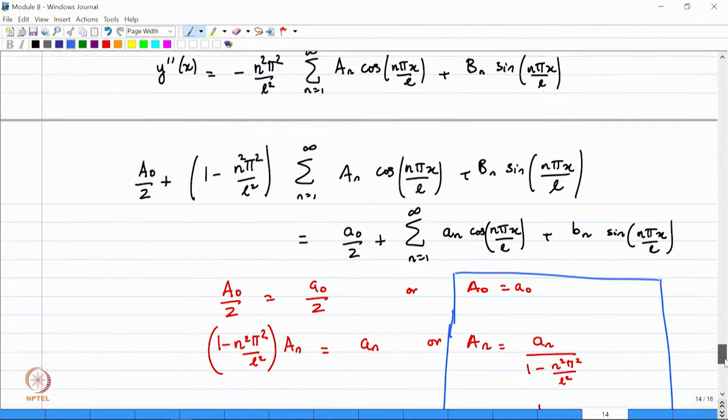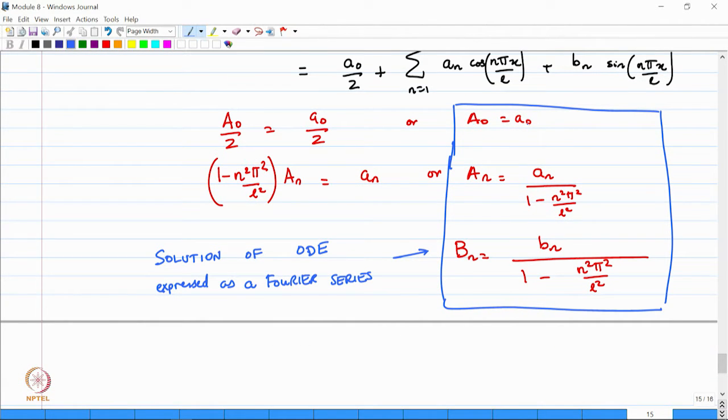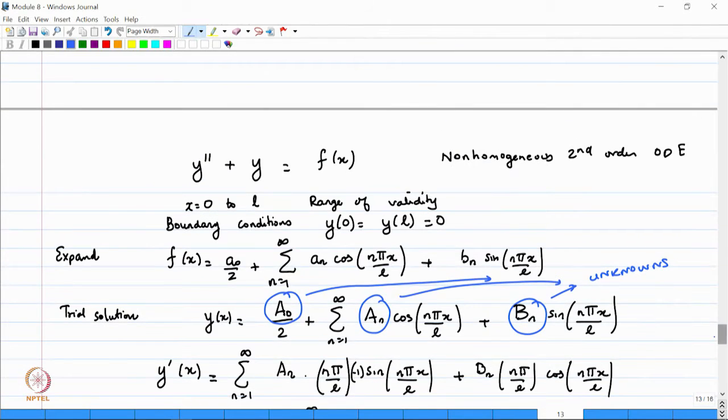Now here you got the unknowns in terms of a 0, a n and b n. The little a 0, little a n, little b n are all knowns because you know f of x, so these can be calculated from f of x using the usual integral formula.